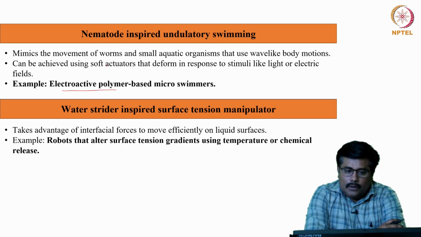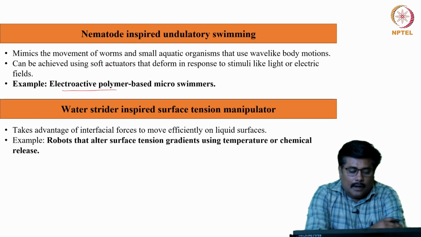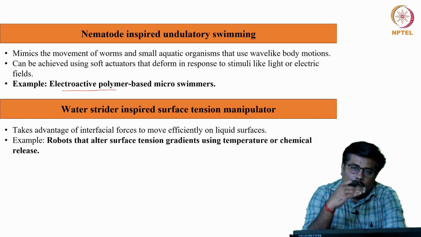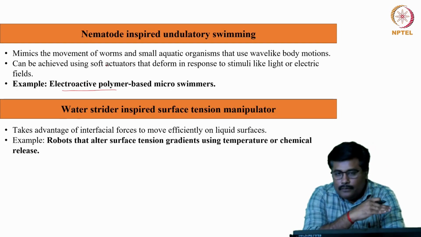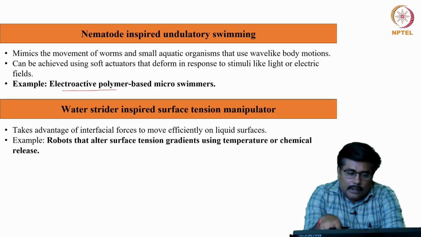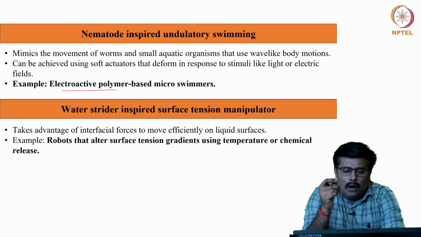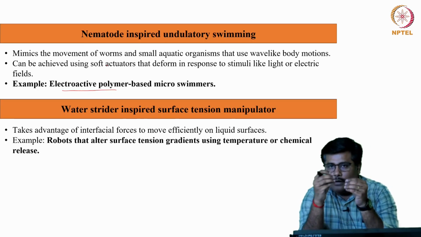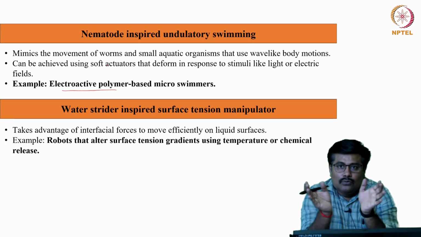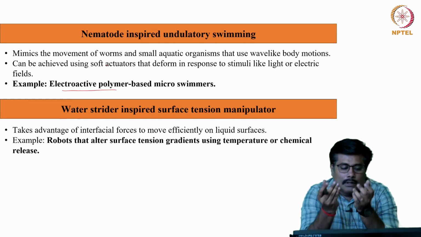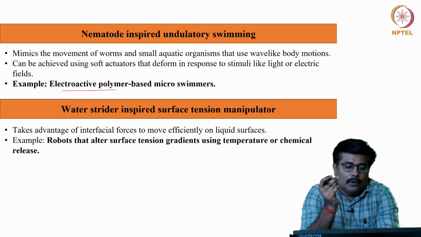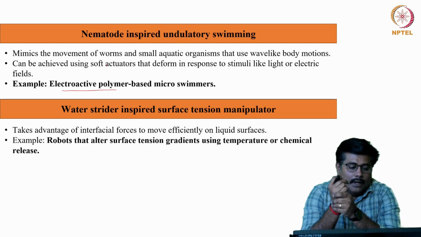Now, when we talk about the next one, the water strider inspired surface tension, it takes advantage of the interfacial force to move efficiently on the liquid surface. In the earlier case, it is a small aquatic organism, like a micro worm which tries to move in stored or stagnant water. Such propulsions are inspired by nematodes, so we call it a nematode type system.